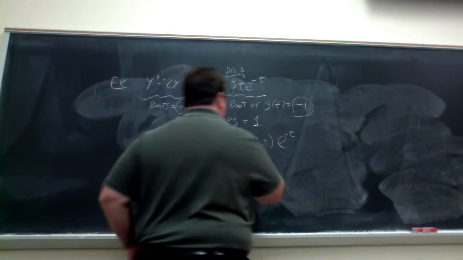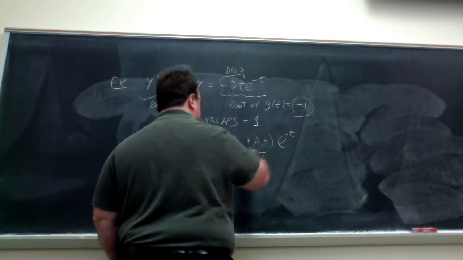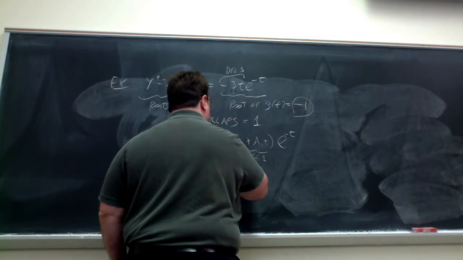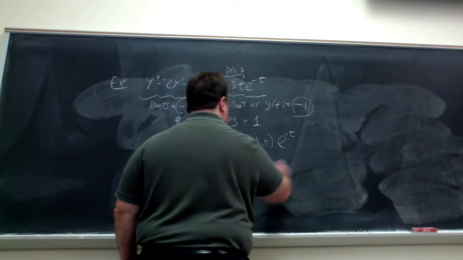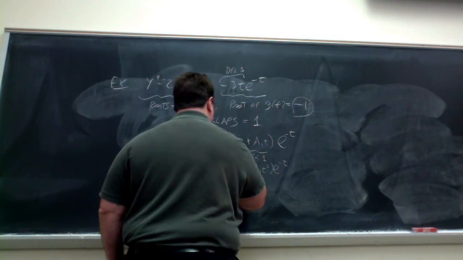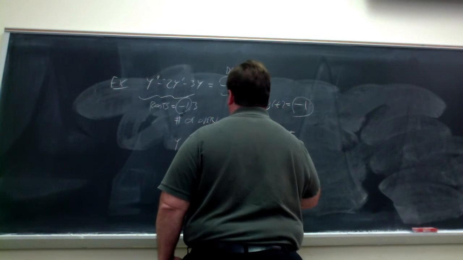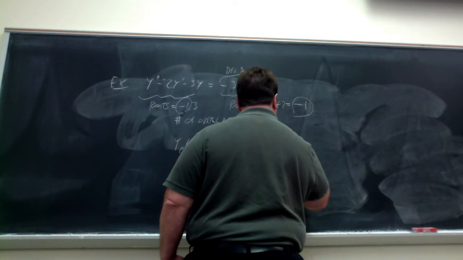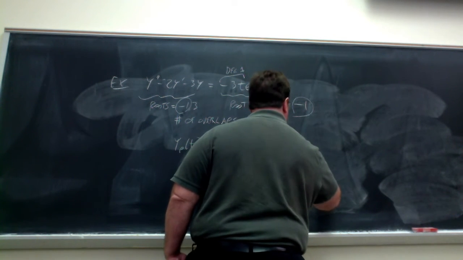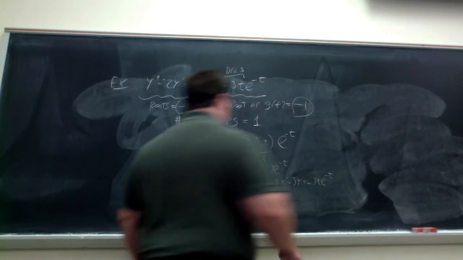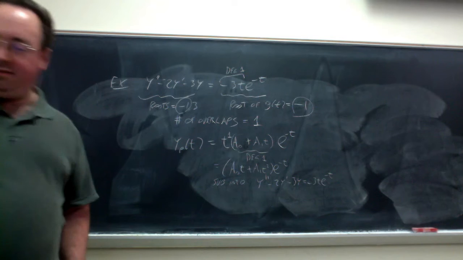What I would suggest before going further is, if you have a t out here, go ahead and distribute it. So that's (a0 t plus a1 t squared) times e to the minus t. And you substitute into y double prime minus 2y prime minus 3y equal to minus 3t e to the minus t. Now, the differentiation is going to be a pain in this one because you have to use what?